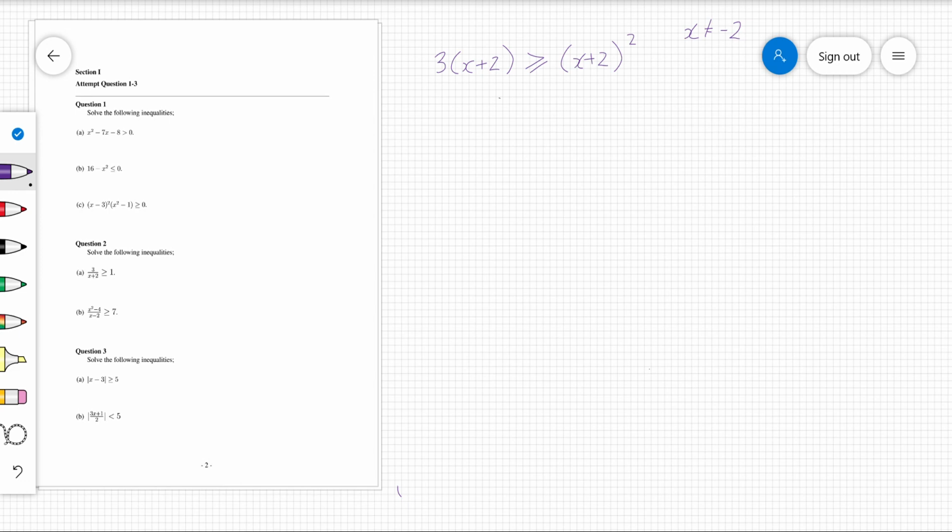If I put everything on, let's say, this side, if I do it bit by bit, I can actually factorize by x plus 2, and you'll see we've still got an x plus 2 in that first term, and just a -3 in the second term.